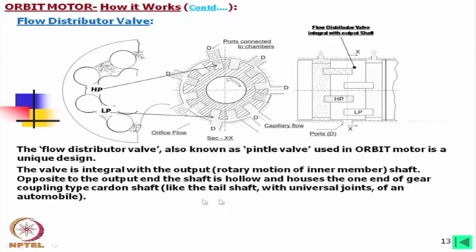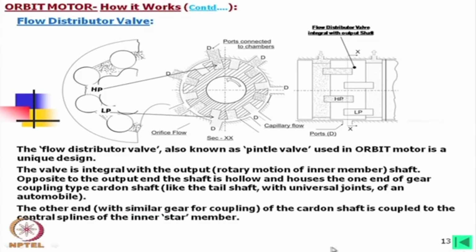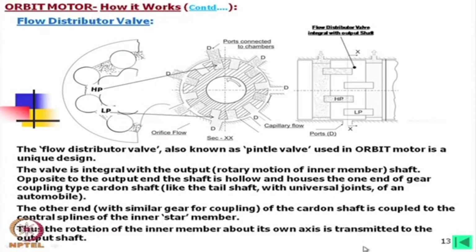Just when the distributor valve is beginning, at the junction, there is a gear coupling, and through the hollow side it is connected to the star. The other end of the cardan shaft is coupled to the central spline of the inner star member. Thus, the rotation of the inner member about its own axis is transmitted to the output shaft.